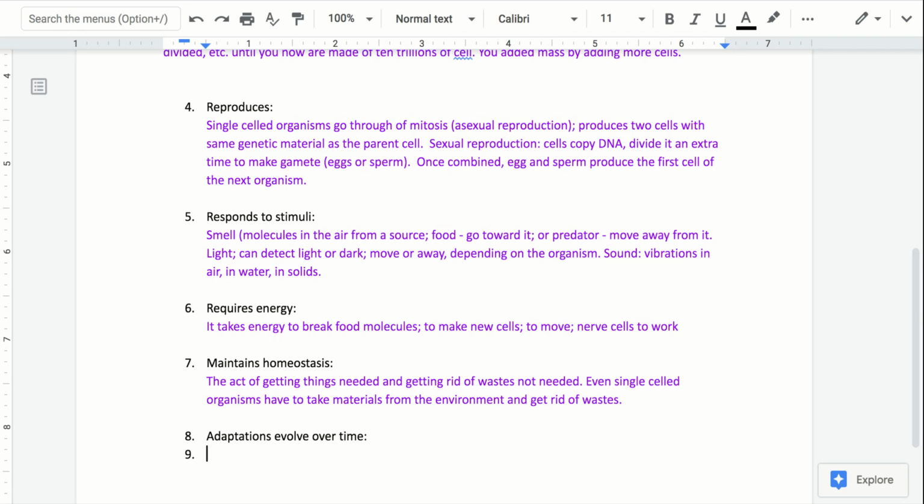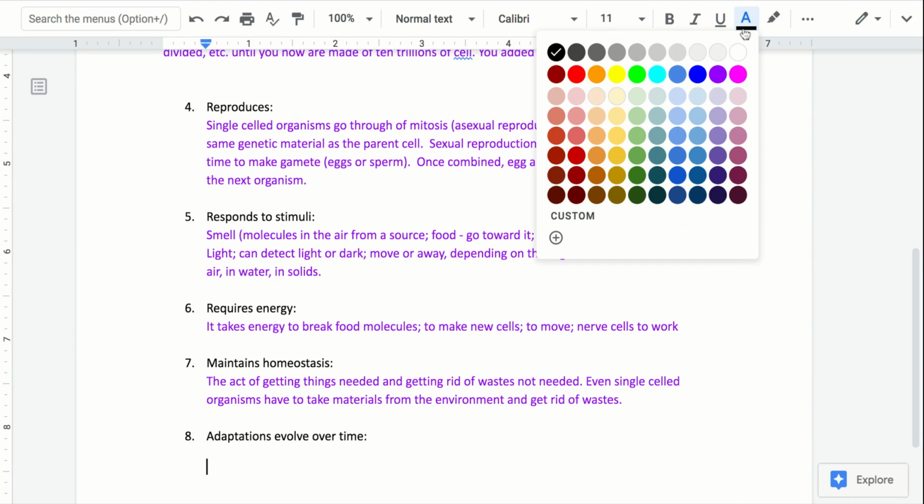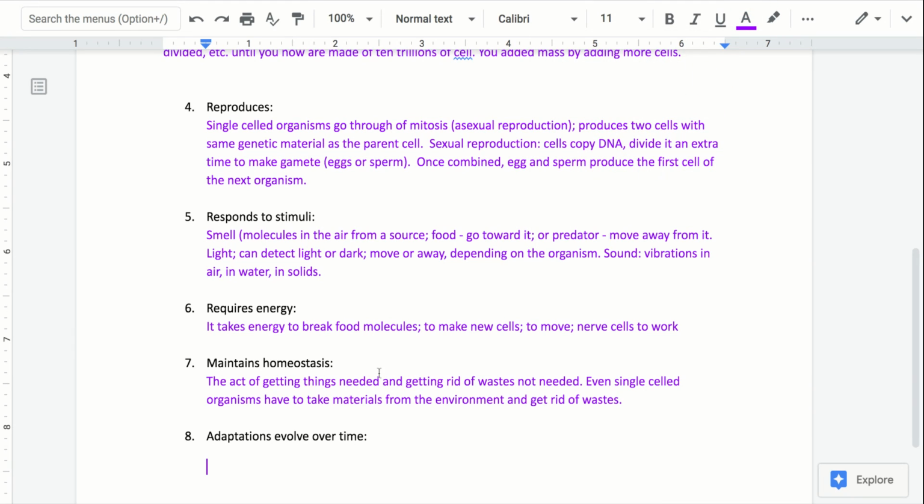Okay, so we were talking about the DNA being passed from generation to generation. During reproduction, mutations can happen in that. Okay? They lead to variation. Okay?